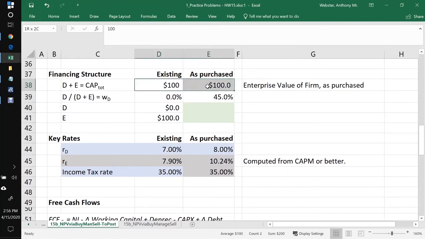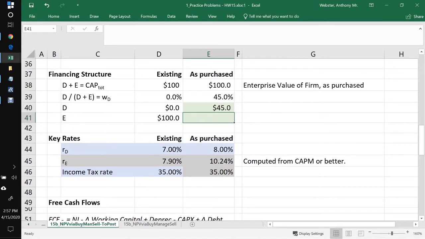The total capitalization, debt plus equity, is going to be unchanged, but 45% of this capitalization is going to be debt in the form of the loan that's taken out by Zebra at the time we purchase the firm. So D is going to be equal to 45% times 100, and that's 45 million.